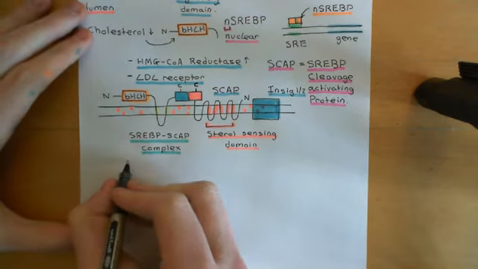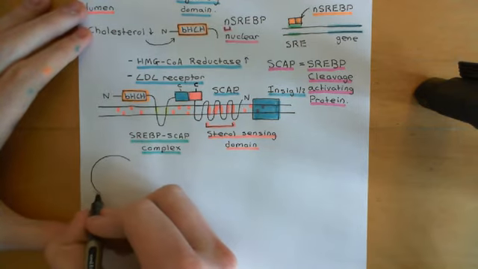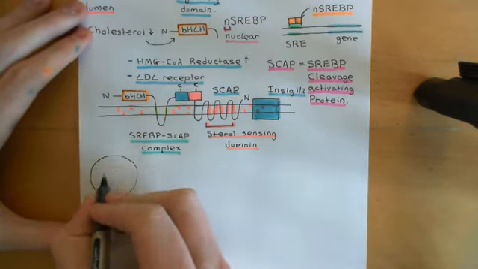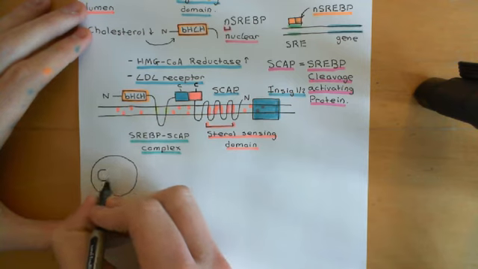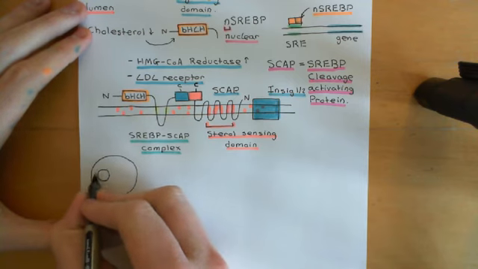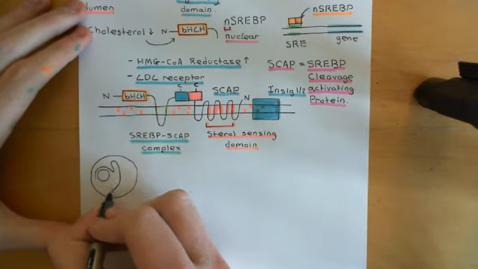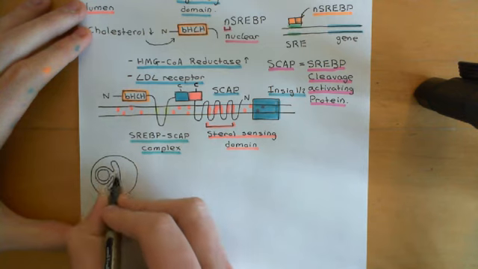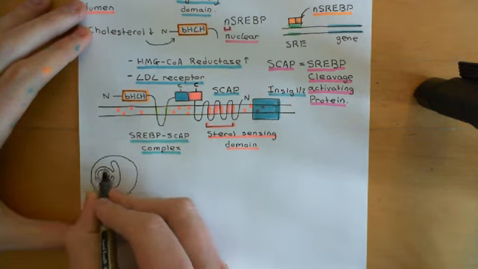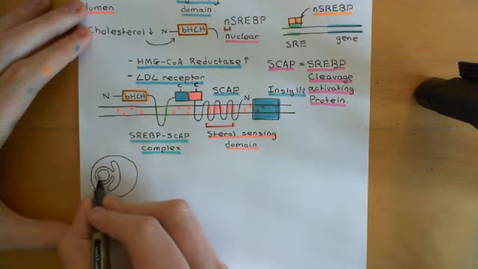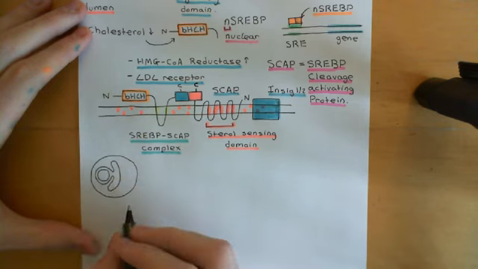Let me just draw a little picture here. If we've got our cell here, here is the nucleus, and we'll have the outer nuclear membrane here, and of course the outer nuclear membrane is continuous with the ER membrane, and indeed the ER lumen is continuous with the space in between the inner nuclear membrane and the outer nuclear membrane.